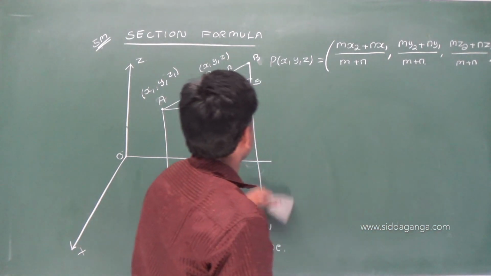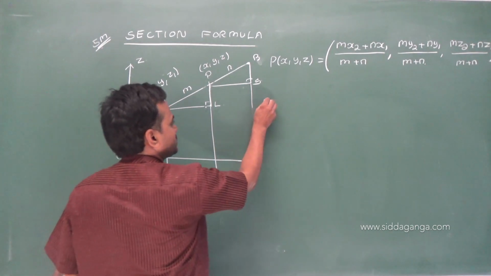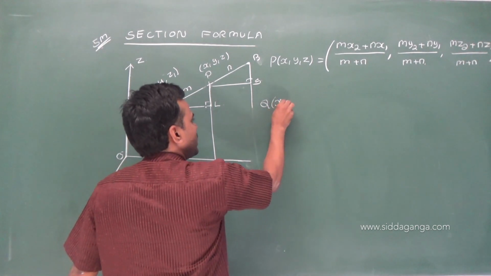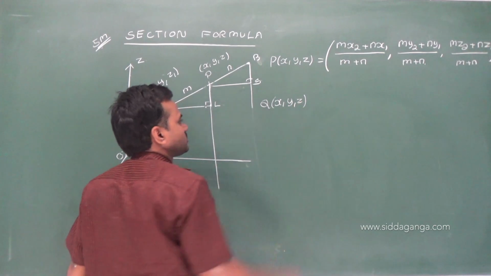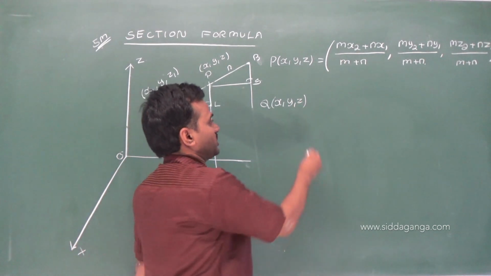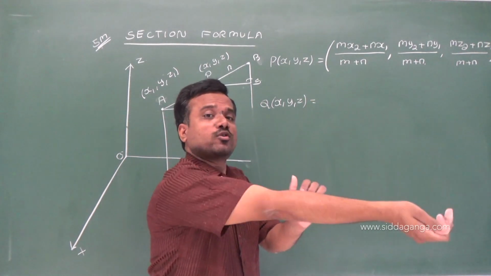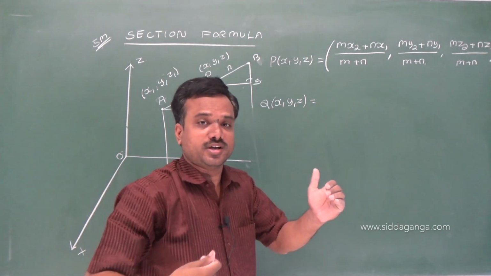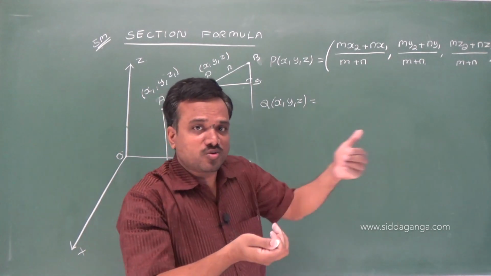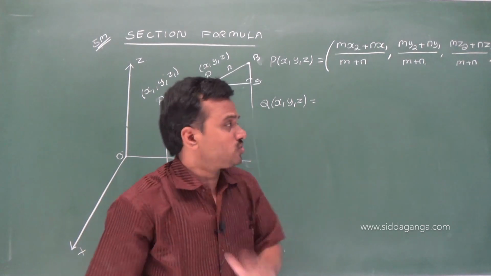Next, the second one, section formula for external division, that I write as Q of x comma y comma z. External division, already discussed: the Q point lies outside of AB or outside of BA, it divides the line joining AB in the ratio m is to n.